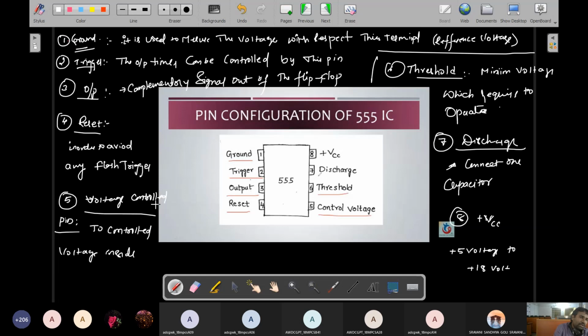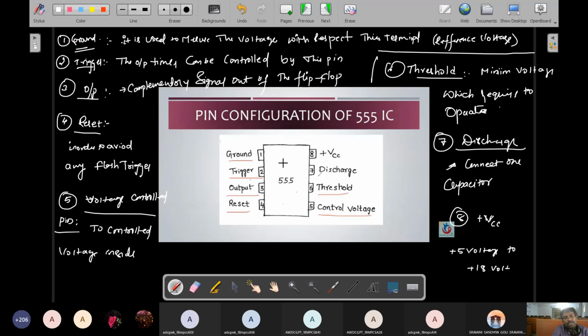And the fifth pin is the control voltage pin. Inside there is a lot of voltage produced, and that voltage will be controlled by using this pin. And the threshold voltage means, at the potential divider, each resistor has some potential drop.